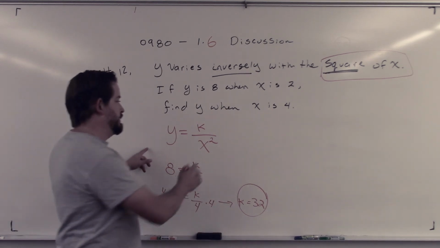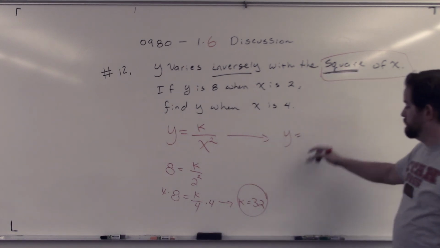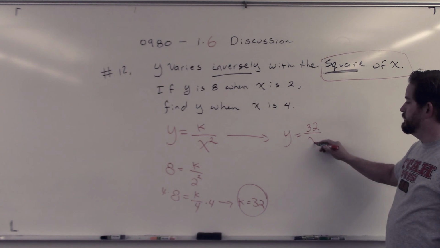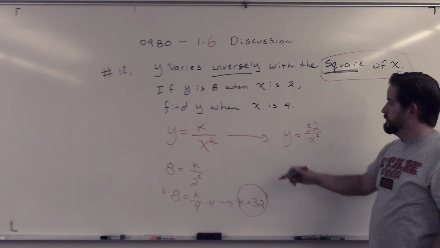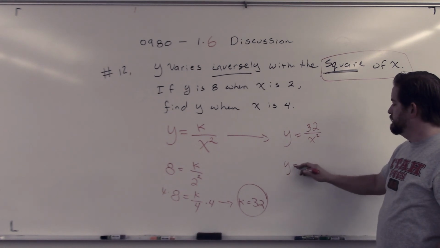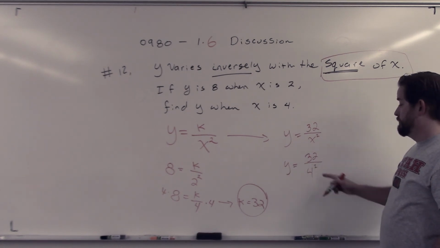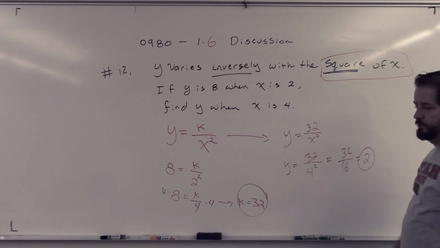So then this equation turns into y equals 32 over x squared. And they want to know what y is when x is 4. So I'll plug in y equals 32 divided by 4 squared. 4 squared is 16, so I have 32 divided by 16, and that is 2.